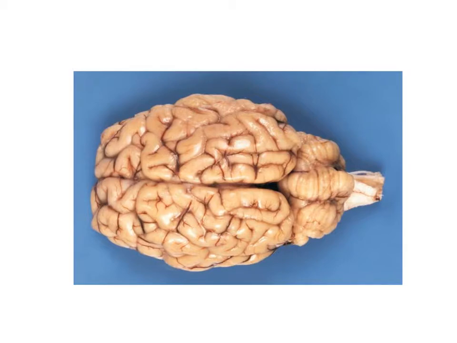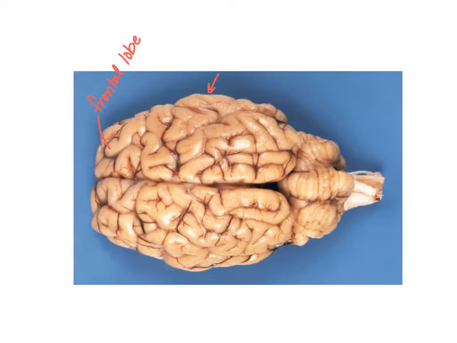The cerebrum is further divided into lobes, and the names of the lobes correspond with the skull bones that overlay that part of the brain or that part of the cerebrum. So I'm just going to point out here that the front or anterior part of the brain is the frontal lobe. And of course, the frontal bone of the skull would cover that part of the brain.